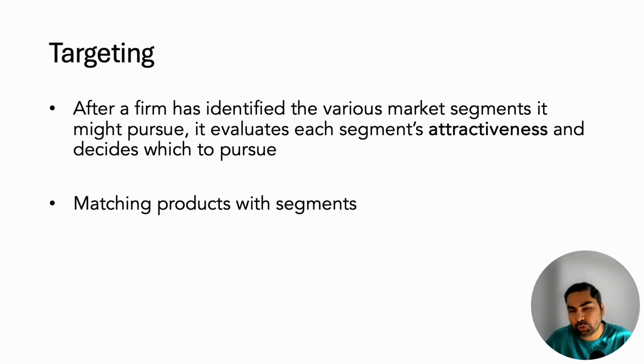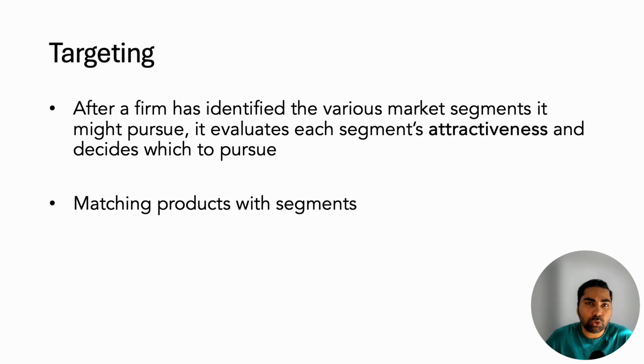Now, what do I mean by attractive here? It means whether that particular segment is profitable for us or not, and whether I can meet the demands of that particular segment or not. So it could depend on the segment size, because if some segments are large in size, there's a lot of demand in that particular segment. On the other hand, some segments can be very small.